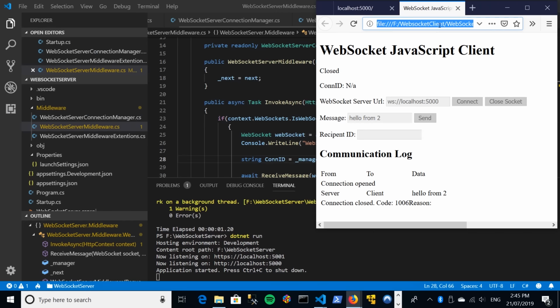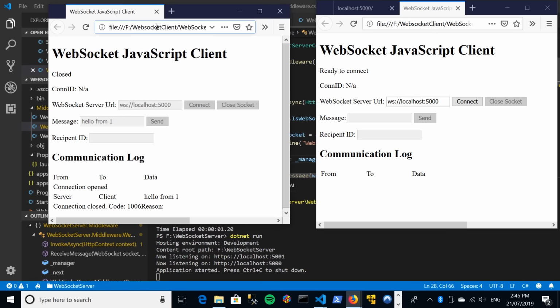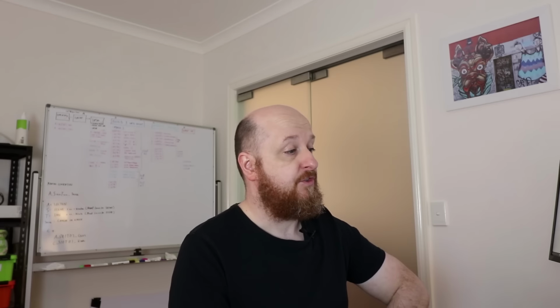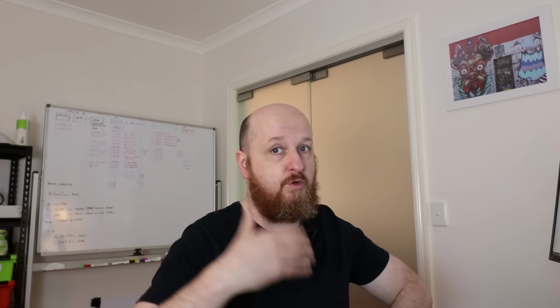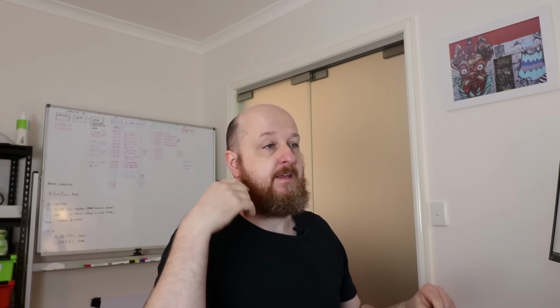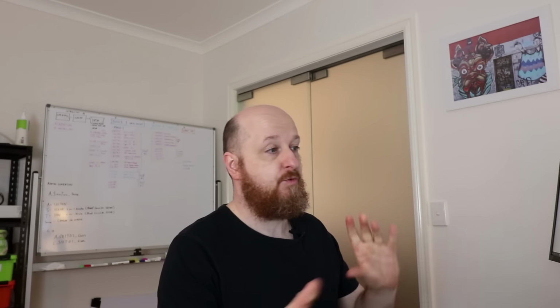So let's bring our clients back up, and we don't really need to refresh because they've not changed, but if we connect now, we have a connection added for this connection, and we connect on this one, we'll get a separate connection ID on this one. So we're still not there yet, but we're moving towards tracking our client endpoints via unique GUIDs. So we're stepping towards being able to route between clients.